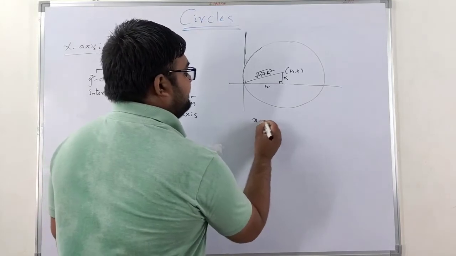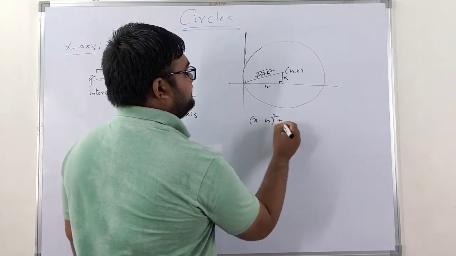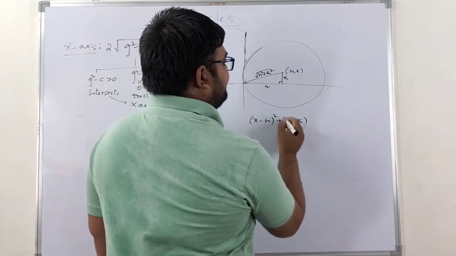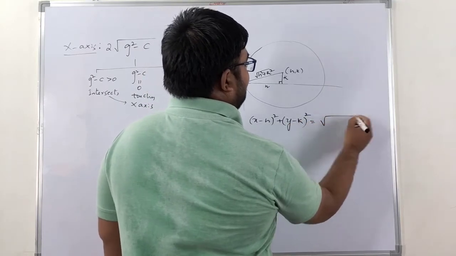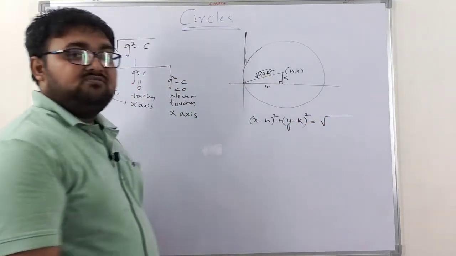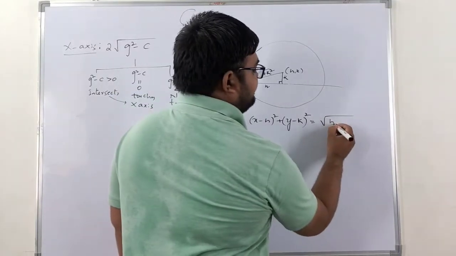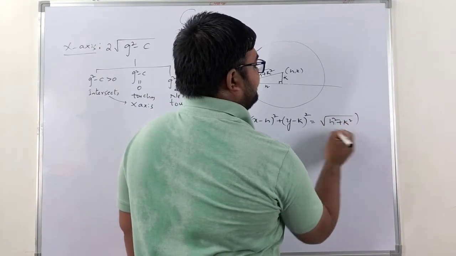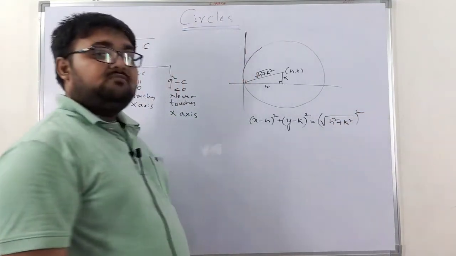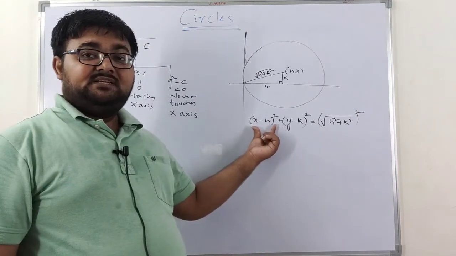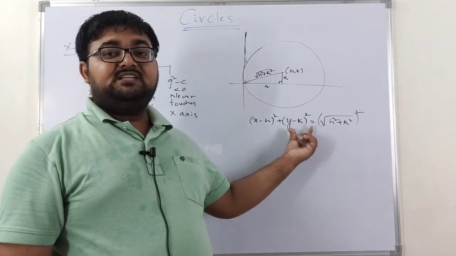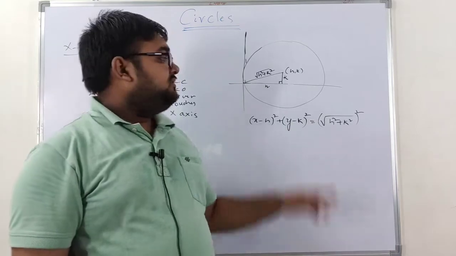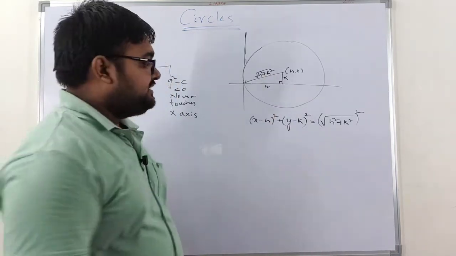The formula is (x minus h) whole square plus (y minus k) whole square is equal to r square. Here r is the square root of h square plus k square.